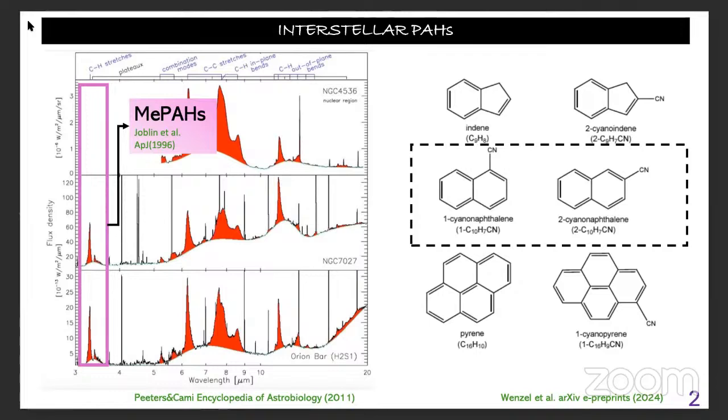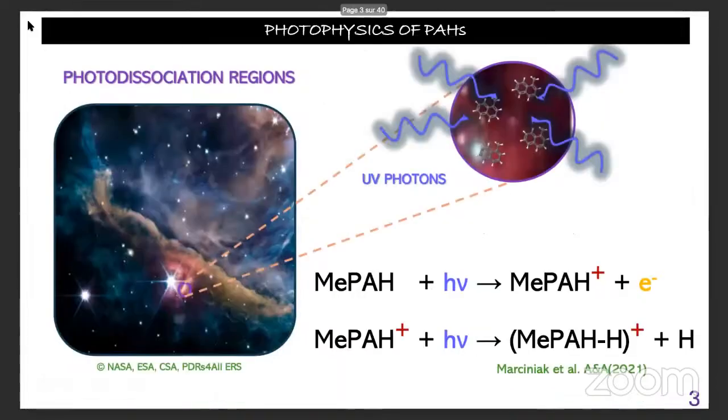But also, recently, 1- and 2-cyanonaphthalene have been identified in dark clouds. The key question is, how do these species survive out there? For example, in the photodissociation regions, we know that they are exposed to UV photons, so they can be ionized.